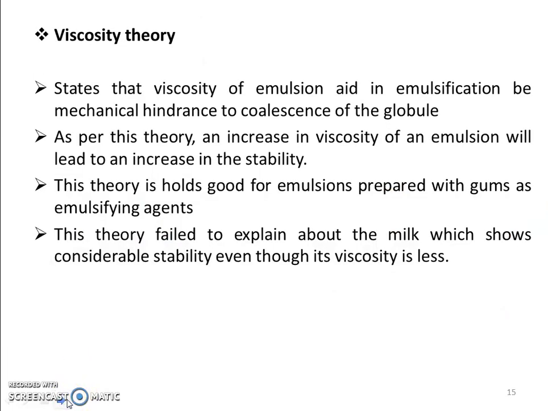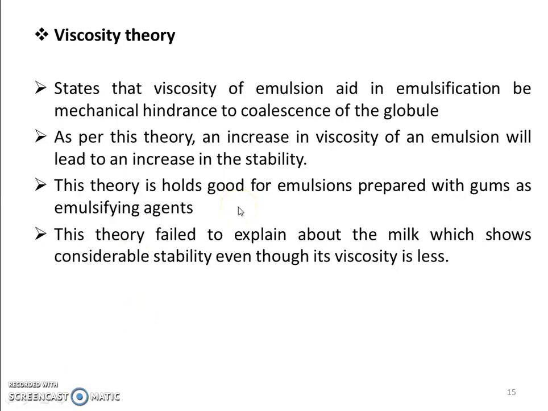The next theory is the viscosity theory. This theory of emulsion says that an increase in viscosity produces a mechanical hindrance to coalescence of the globules. As per this theory, an increase in viscosity of an emulsion will lead to an increase in stability.